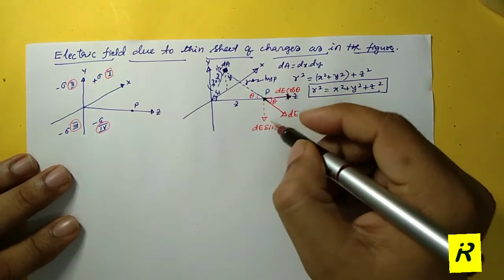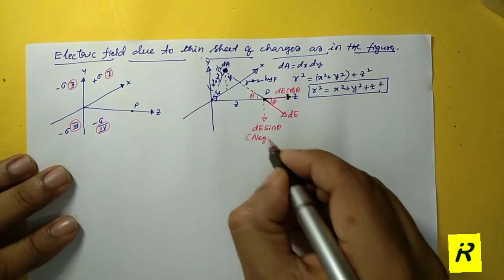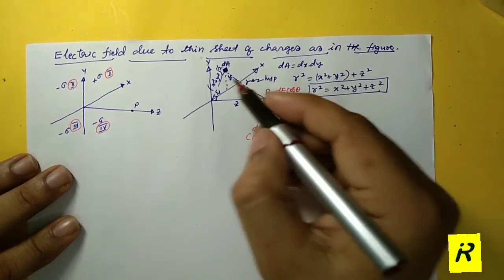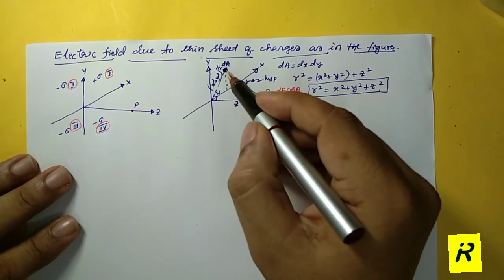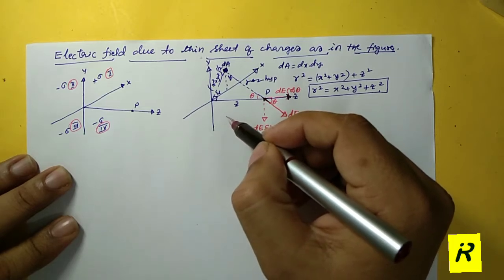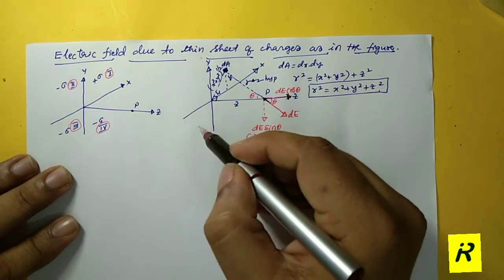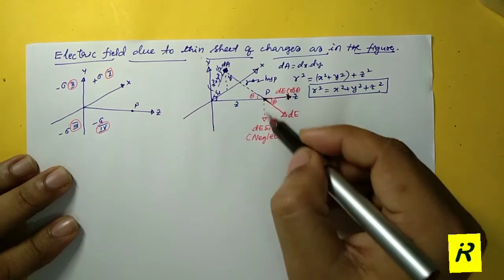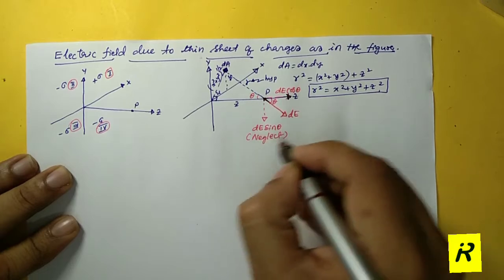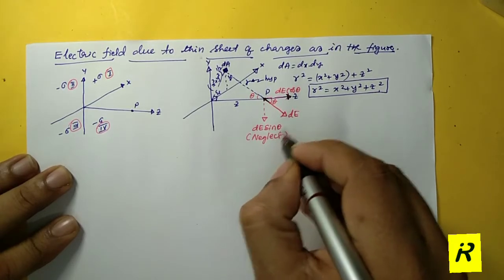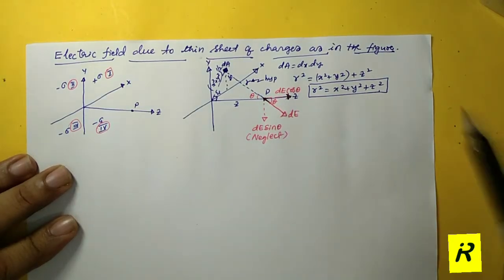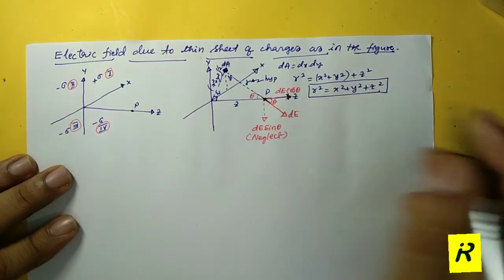You can neglect the vertical component for further calculations, because if I consider the same identical element in the fourth quadrant as well as in the other quadrants, all the vertical components get cancelled. So my concentration is all on dE cos theta, which is horizontal.